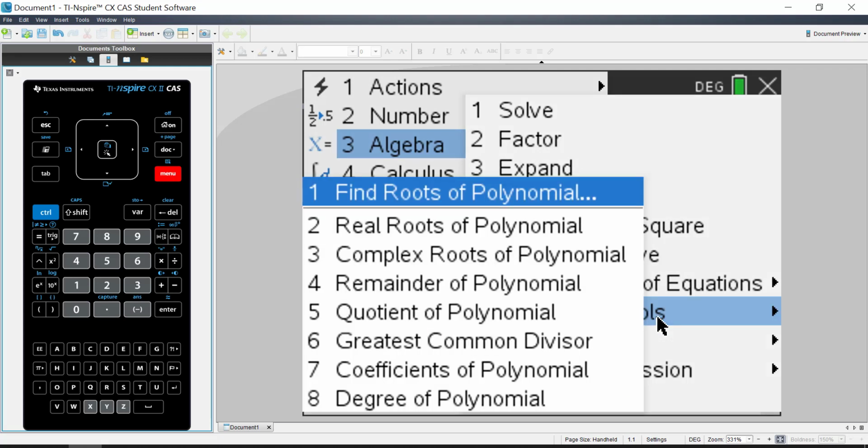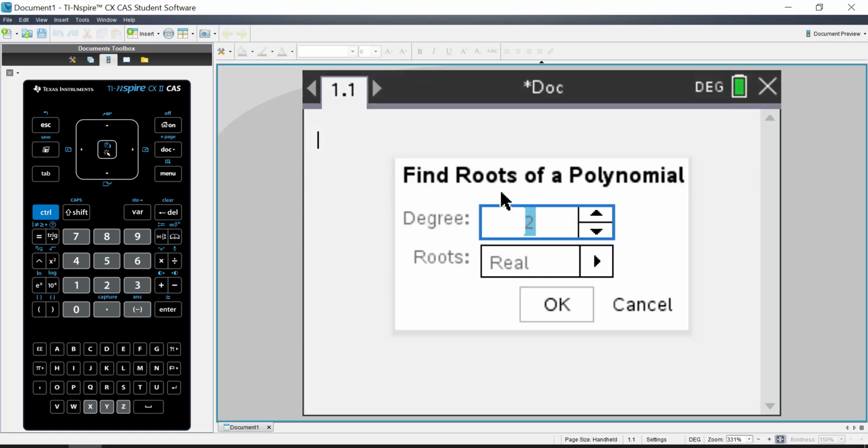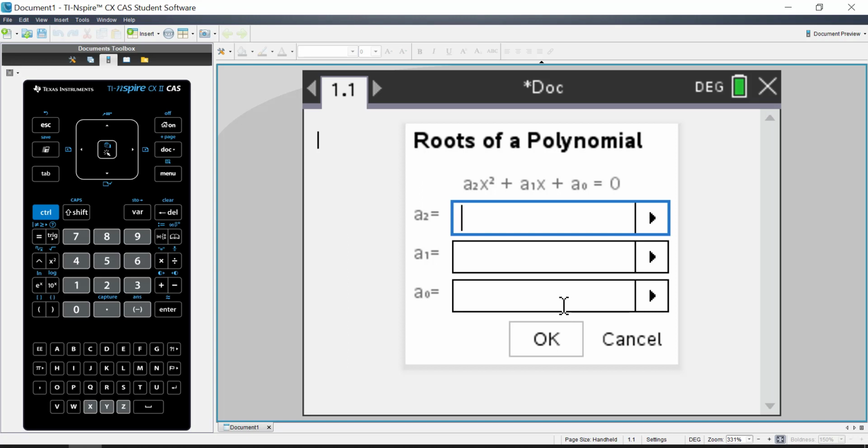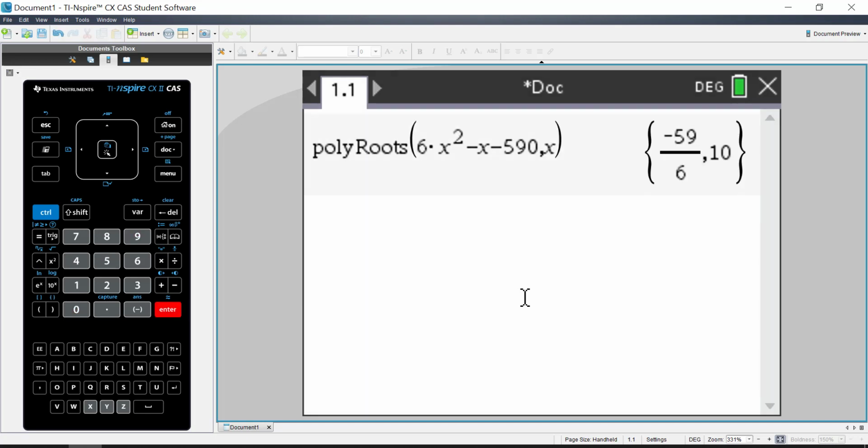Find the root of polynomial, and then root of 2, and then cancel. So that'll be 6, and then -1, and then -590, and okay, and then here we go. So if I'm using my calculator here, you'll get two values, -59/6 and 10.